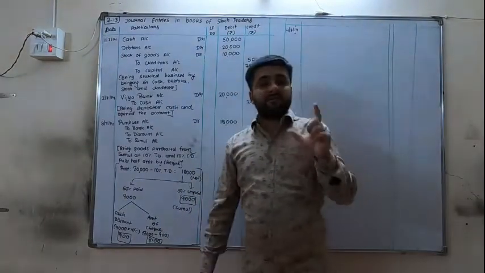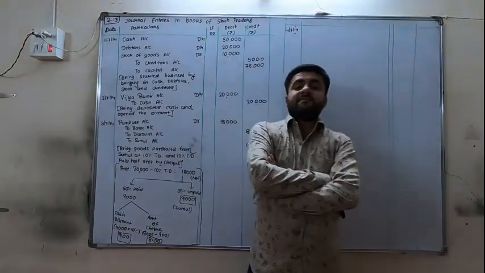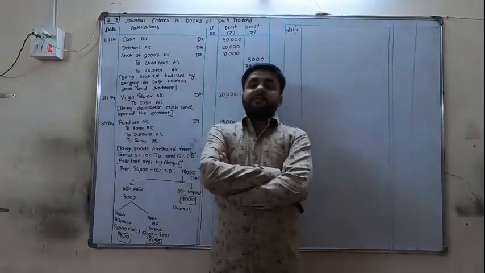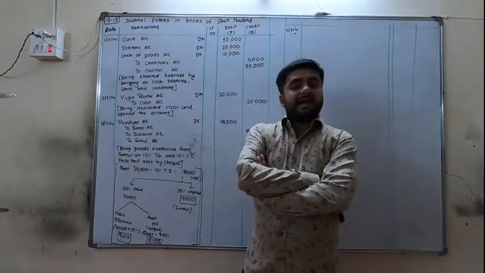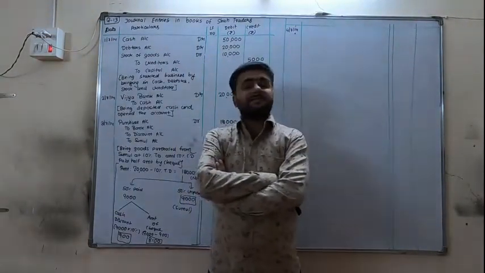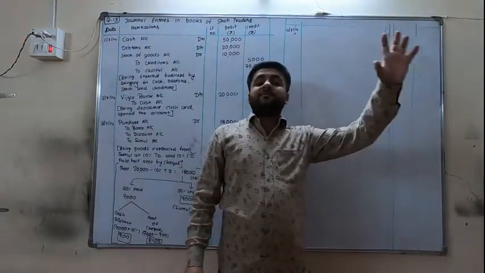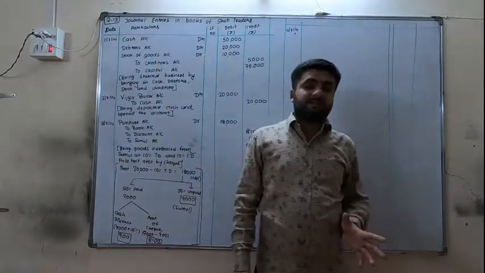Again, I would like to repeat the concepts. Friends, whenever we are purchasing the assets and whenever we are purchasing the goods, whenever we are purchasing the assets, and if we are incurring any expense, then that expense is not separately debited. The amount of the expense is added to the value of the asset which we have purchased.